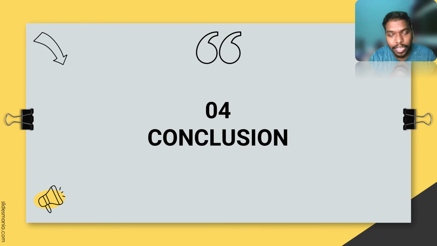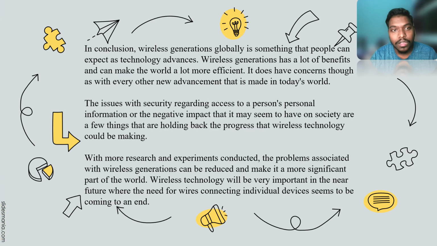Okay, hi Miss. Next, I'm going to talk about the conclusion. In the conclusion, wireless generation globally is something that people can expect as technology advances. Wireless generation has a lot of benefits and can make the world a lot more efficient. It doesn't have control, as with other new advancements made in today's world.